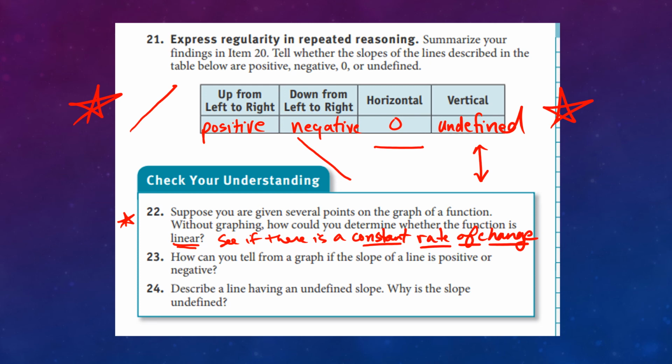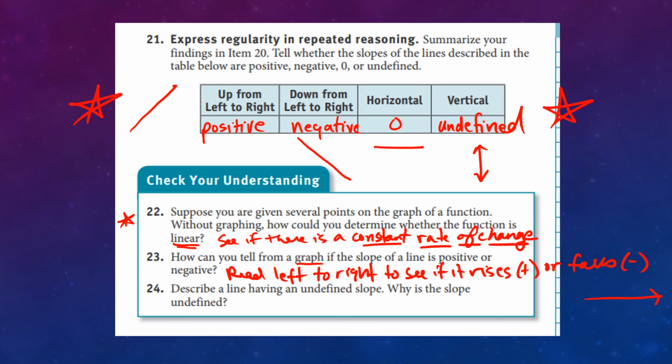How can you tell if it's positive or negative? If you're looking at a graph, read left to right. Make sure you're always reading this direction and see if it rises, that would be positive, or falls, that would be negative.